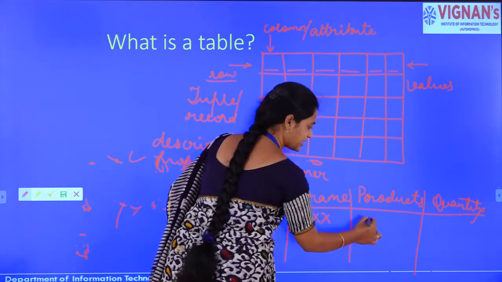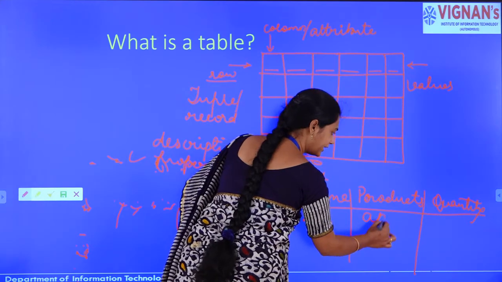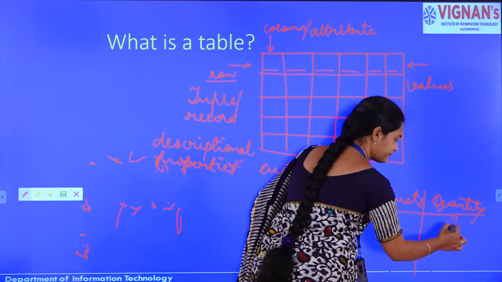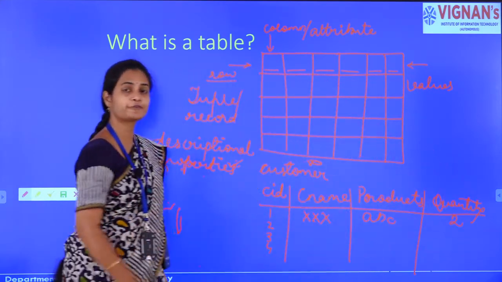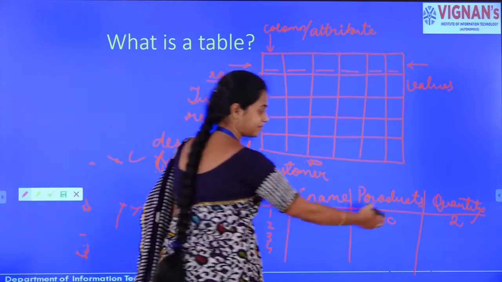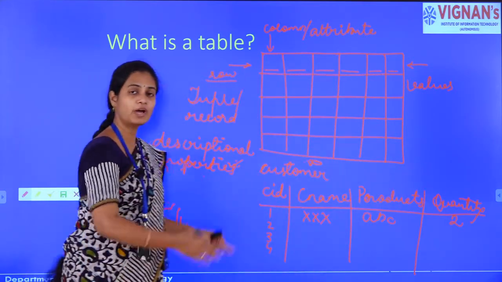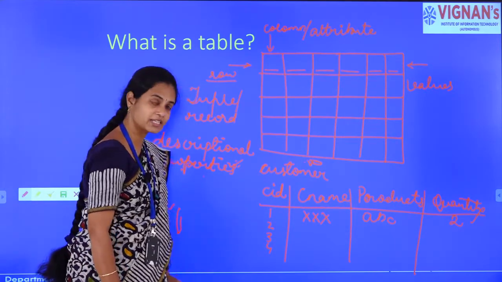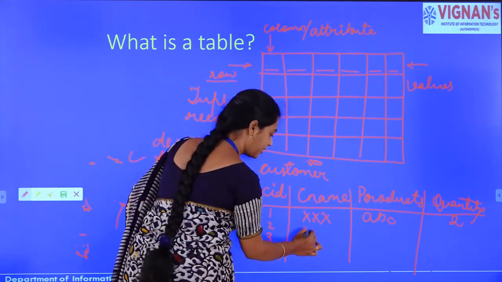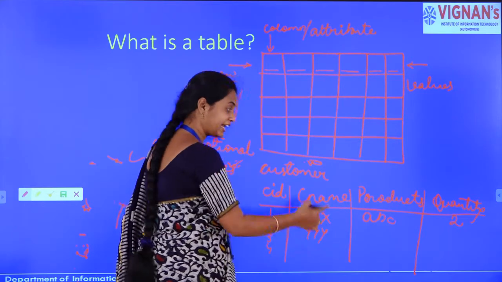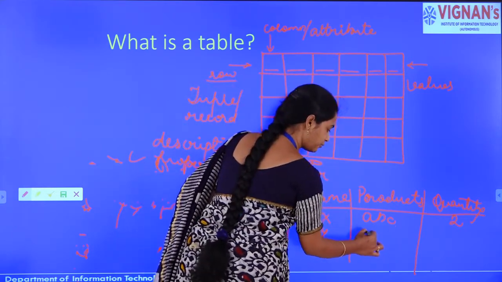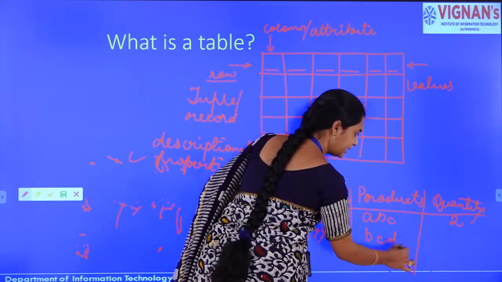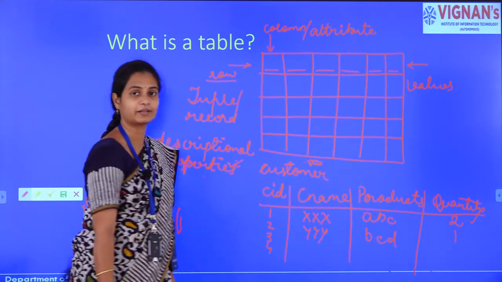He has purchased a product ABC with a quantity of 2, and according to that we will put a price. Again, we have one more customer whose name is YYY, and he has purchased one more product BCD with a quantity of 1.